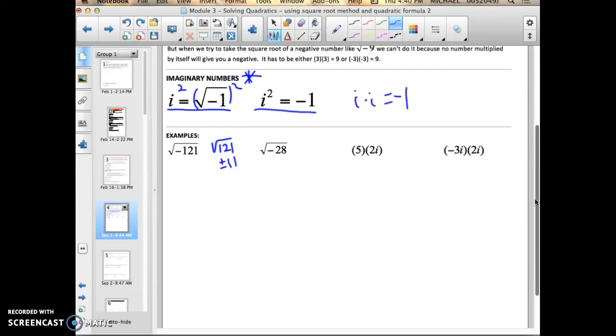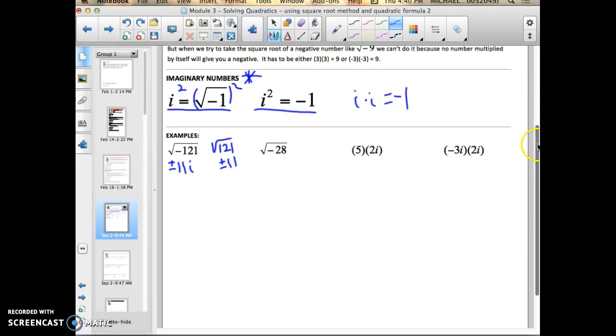So I can assume then that this will be plus or minus 11, but I need to show that I've entered into the realm of imaginary numbers because, again, there's no number that multiplied by itself will give me back a negative number. And I show that by using the imaginary unit i. So to finalize this answer, I have 11i.